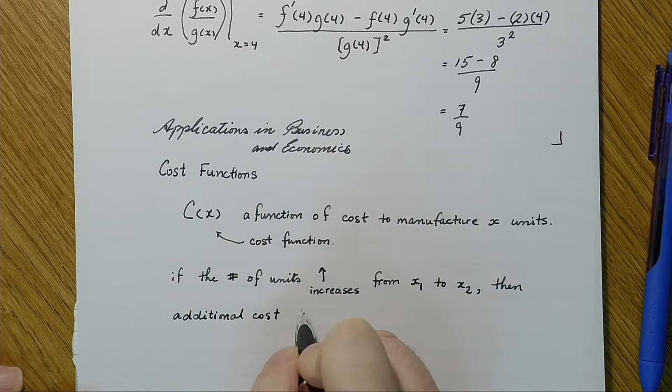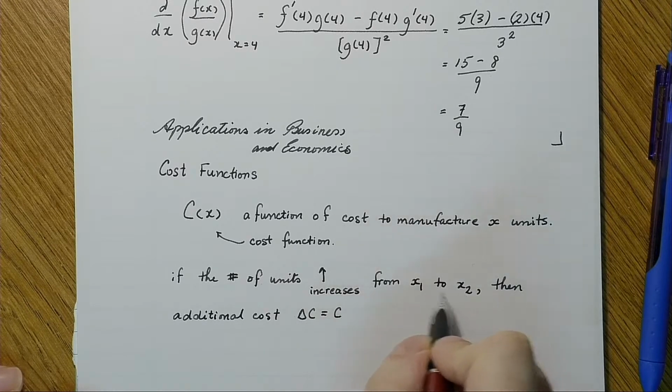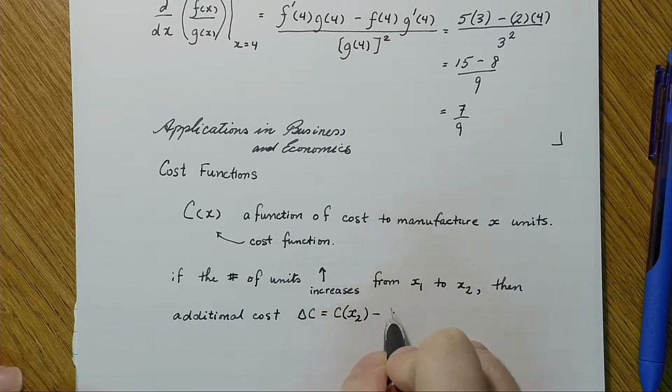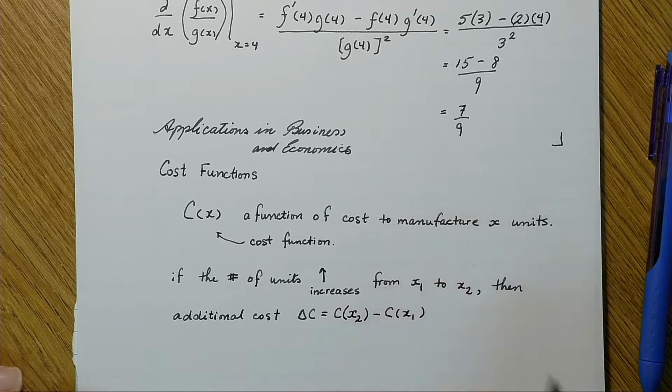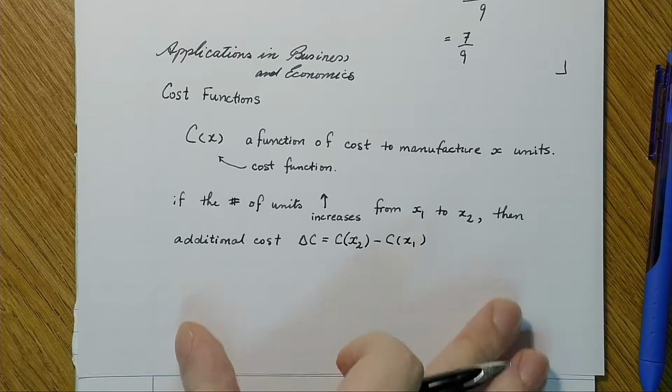So it's that delta C, and our delta C is the change in the two costs between the cost of x2 and the cost of x1. So we'll do a difference. Perfect.